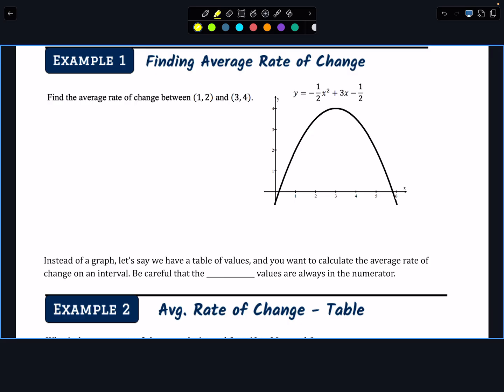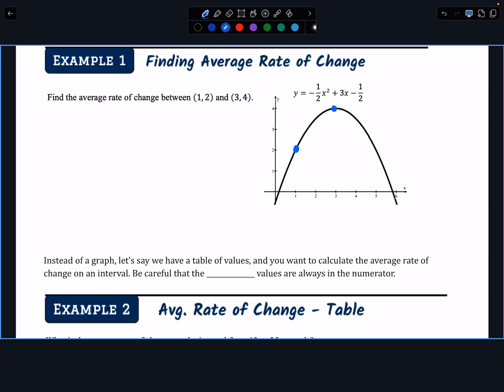So what I want us to do, the best we can, is plot this point on this graph and this point on this graph. The point 1, 2 looks like it's right here, and the point 3, 4 looks like it's about right here. Now, what type of function is this?